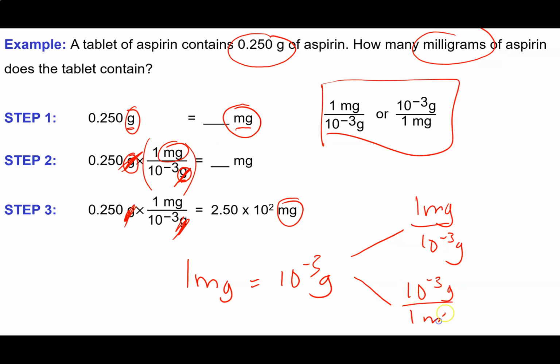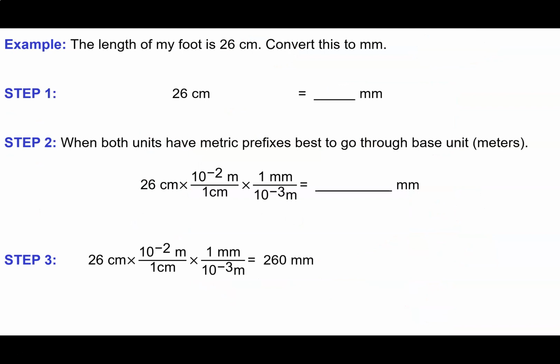And like I said, we always pick the conversion factor that has the units we want to eliminate in the correct position and the units that we want in our answer in the correct position. So that's just the general way we use a conversion factor. We've seen this before. Okay, here's one where I've got two metric units of length, but they both have a decimal prefix.